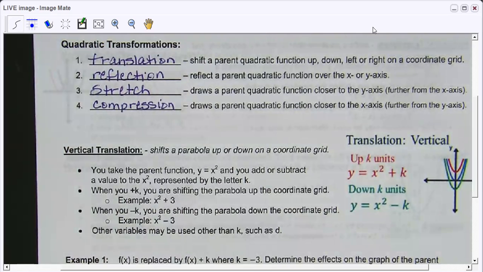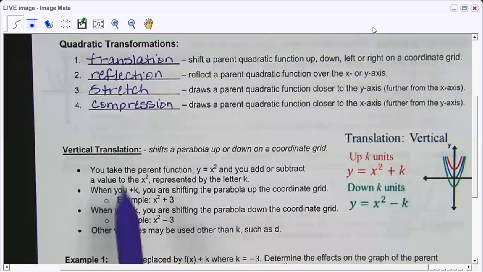Is this horizontal or this vertical? Which one's vertical? The second one. Okay, this one, right? So a vertical translation will shift up or down. And then on the back page, a horizontal translation will shift it left or right. So we're going to look at what these two mean.